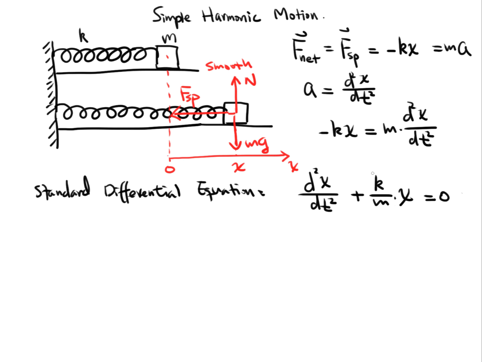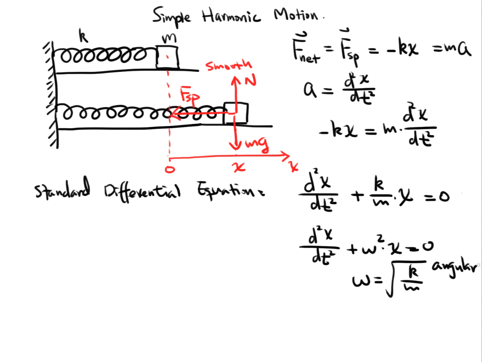And let's replace k over m by omega squared. So omega equals the square root of k over m, which is defined as the angular frequency of the simple harmonic motion.